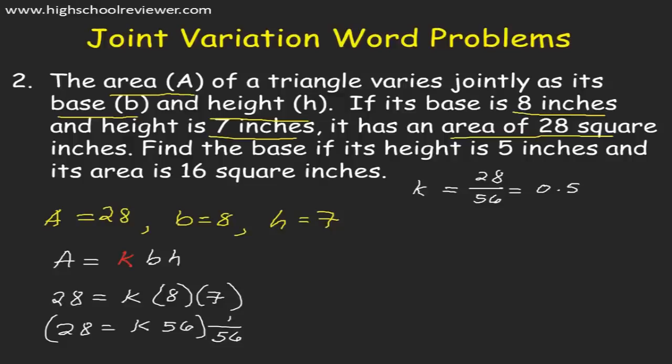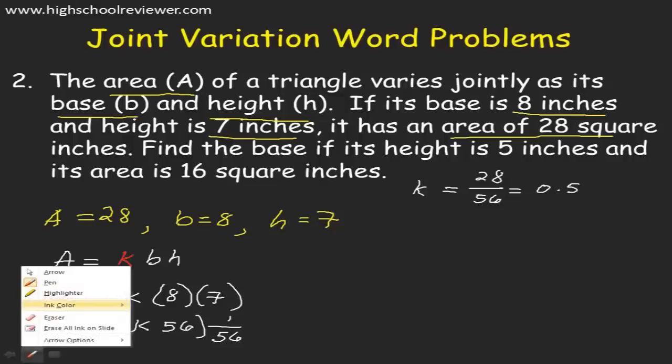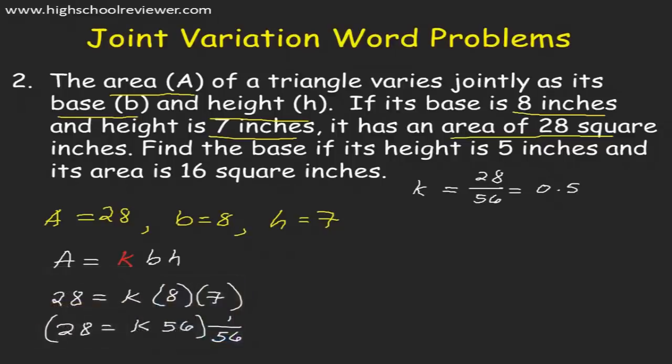So let us continue to read the second sentence. Find the base. Okay, so we have to find the base. The second value here for base is an unknown, so B here will be our unknown. If its height is 5 inches, so the second value for H is 5.